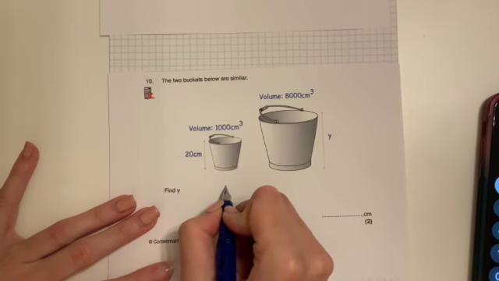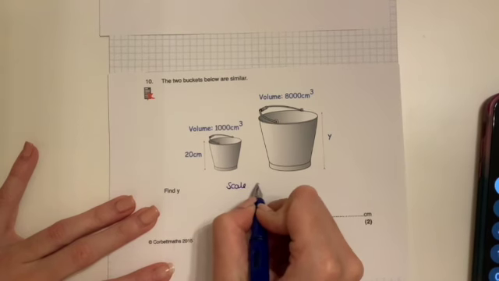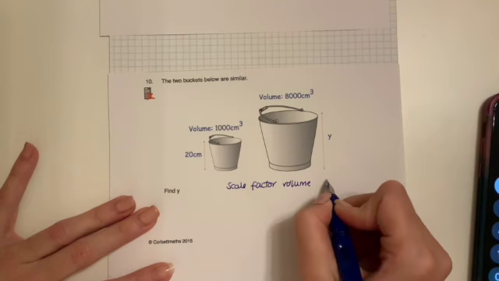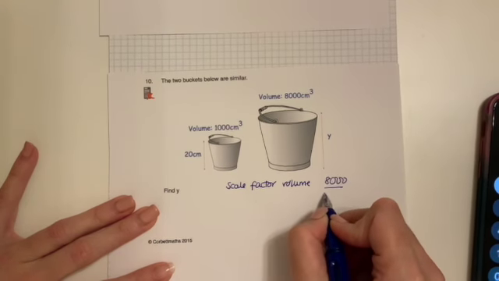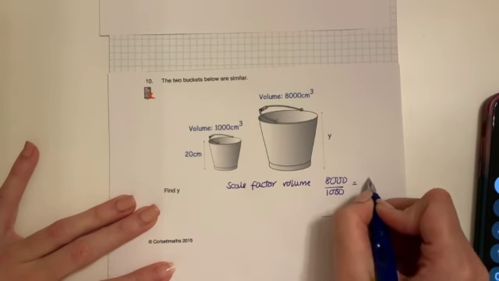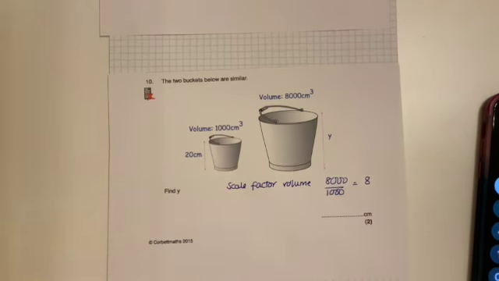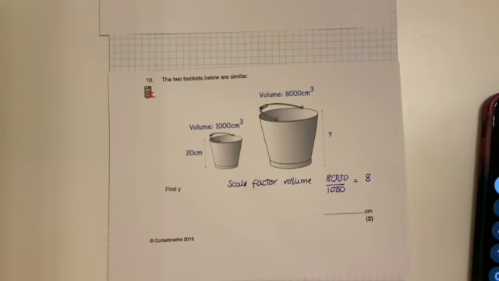So we're going to do the scale factor of the volume, which is 8,000 divided by 1,000, which is just 8. So you multiply the volume by 8 to get this bucket.